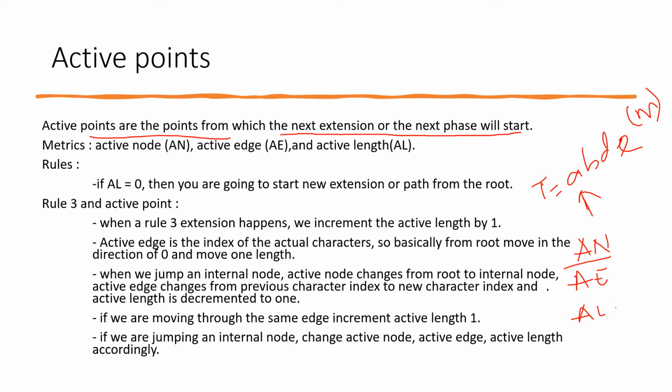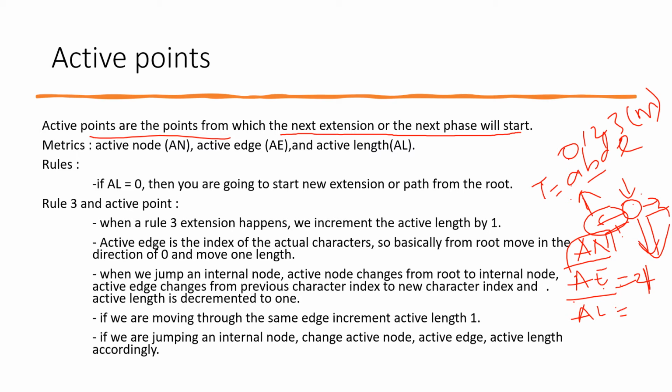Active node gives us the information on which node we will traverse from. Active edge gives us the information on which edge. If this is the active node, we have many edges coming out of that node, so we have to keep track of which active edge we will go along. Active edge is nothing but the offset of this text. This is 1, 0, 2, 3. If we have to traverse to b, the b offset is 1, so the active edge will be 1, and we go in the path of b.